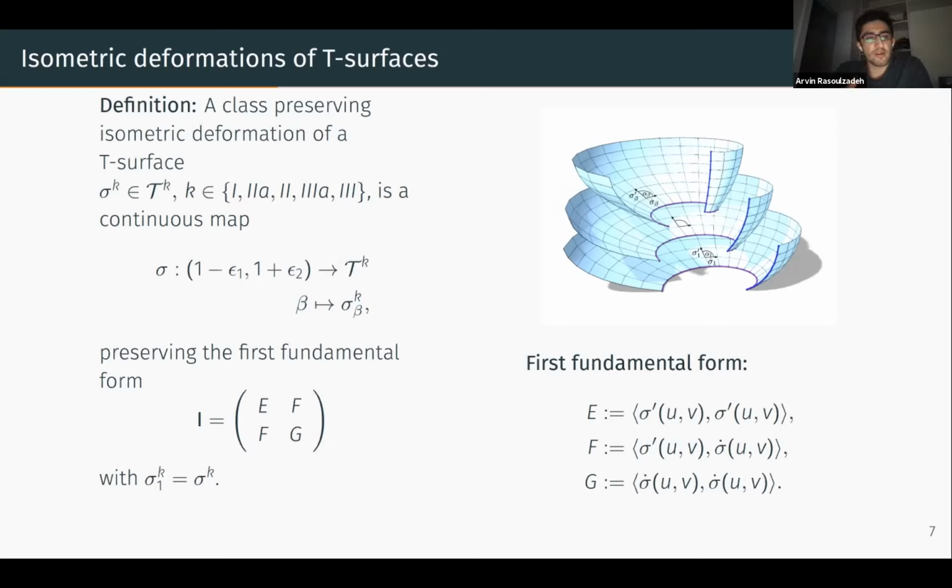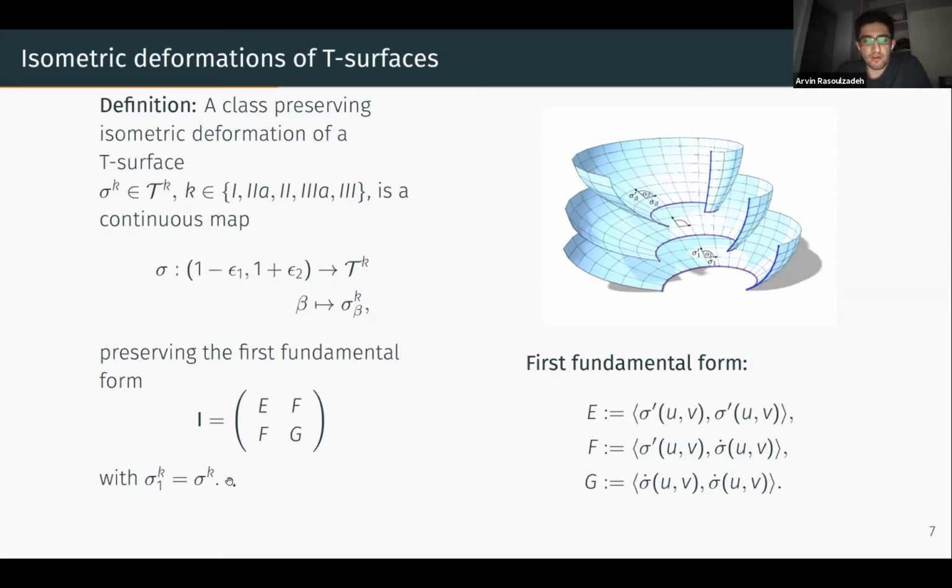With the difference that now we have a continuous map from this open interval around 1 to our class in such a way that our first fundamental form now should be preserved. And at the time beta equal to 1, we would have our normal parametrizations that were just introduced. Just for a very short remark, I would like to mention that this preservation of the first fundamental form is actually playing the role of preserving the quads in the discrete case.